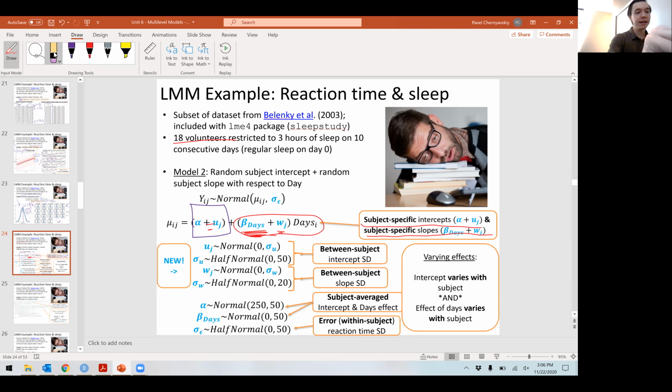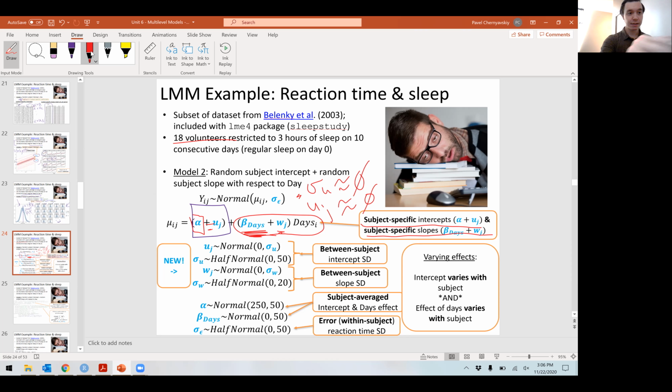Notice something, if we look at a corner scenario, if that sigma is about 0, then all of the UJs are going to be about 0. And so, you imagine one subject being 1% slower than the population intercept, one subject being 1% faster. If that standard deviation is low enough, then it will be sufficient to just include the population intercept without needing to account for the different subjects.